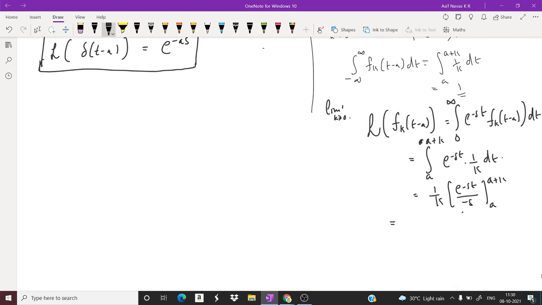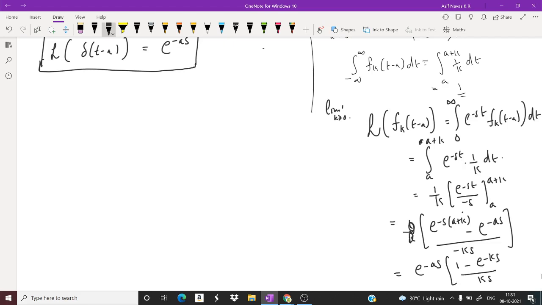So this is equal to 1 by k times e raised to minus s into a plus k minus e raised to minus as, divided by minus s. I can take e raised to minus as outside. There is a minus and a minus, so I can write 1 minus e raised to minus ks divided by ks.